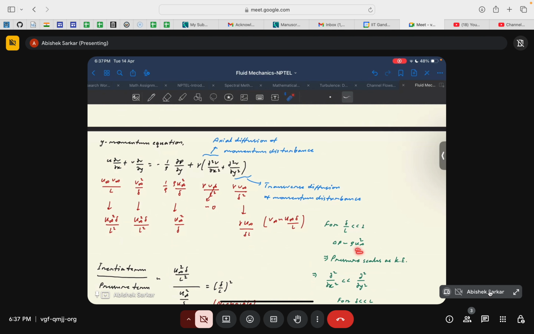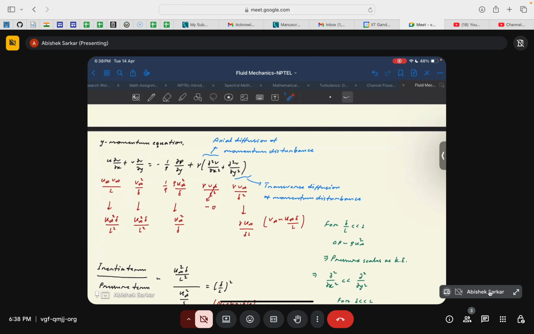If it had been the case where the viscous forces dominated the flow and the inertia term was negligible, then your pressure would have scaled as the viscous terms. It takes a bit of intuition to understand it properly.